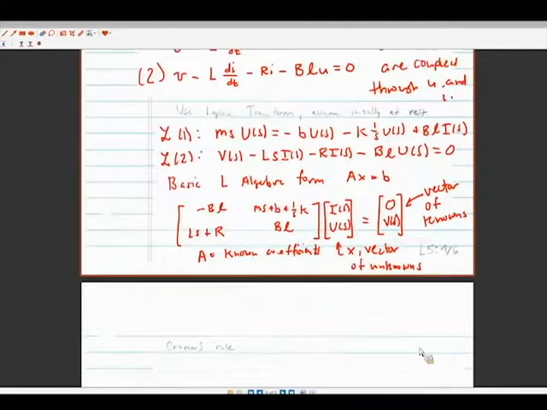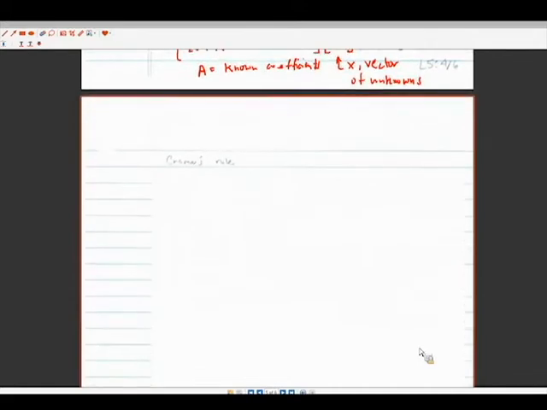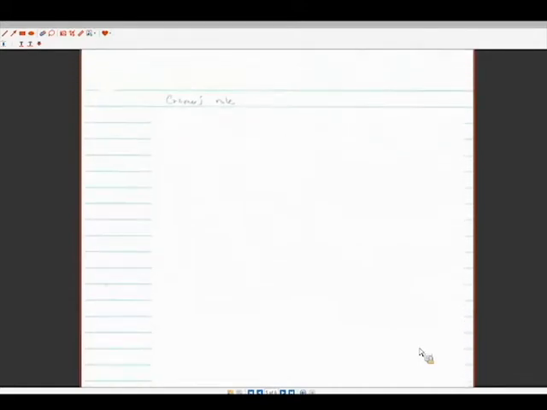A little aside on Cramer's rule in case you've never seen it or it's been a while. So Cramer's rule. We have equations of the form AX is equal to B. And by this we mean that we can break down this matrix versus vector product into the matrix we can say is composed of individual column vectors.